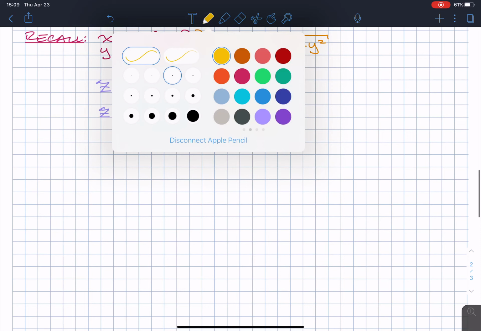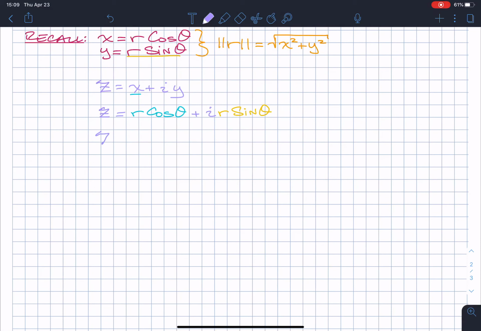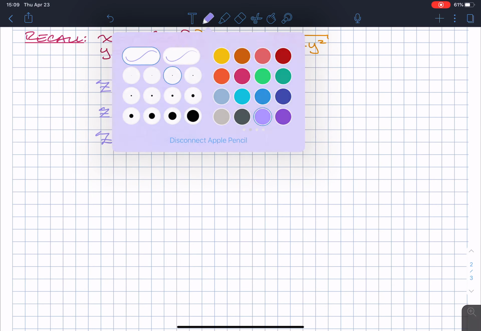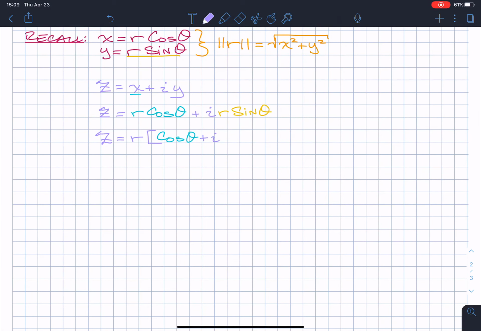So there's an r common to both. So for z, I can factor out the r, and what's left is cosine theta plus i times sine of theta.